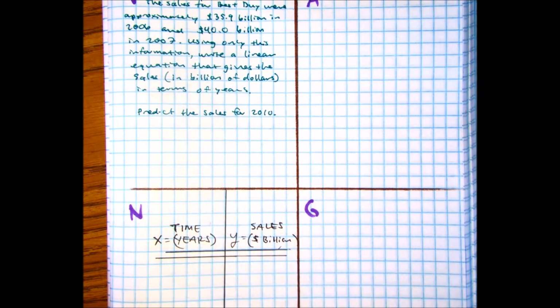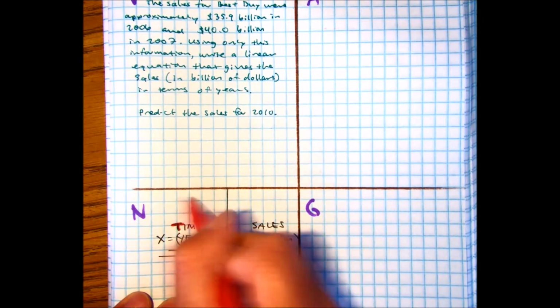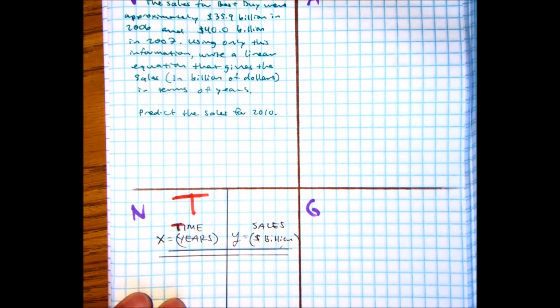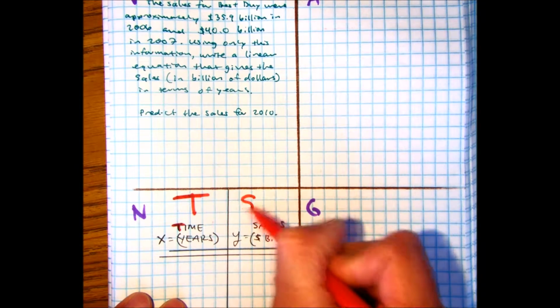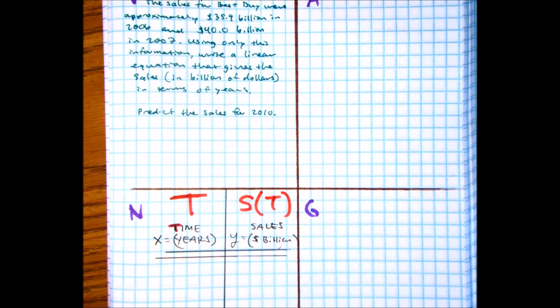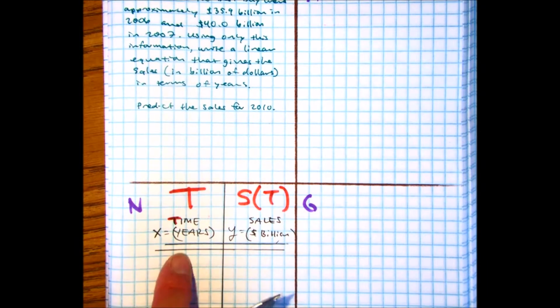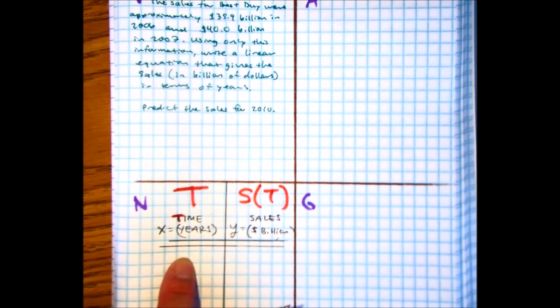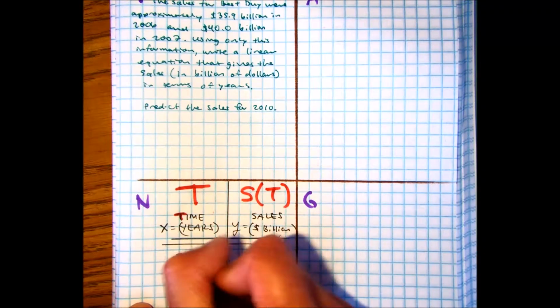So what variable do you guys want to use from here? T. And over here. Okay, now we can't just have S. We have to have what? S of T. Let's write down our, give me a year. 2006.